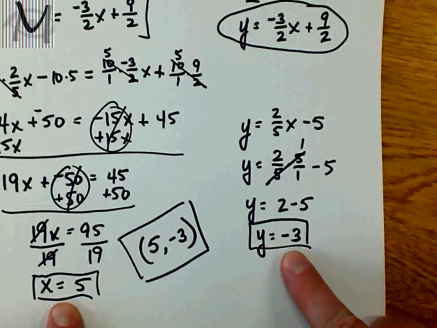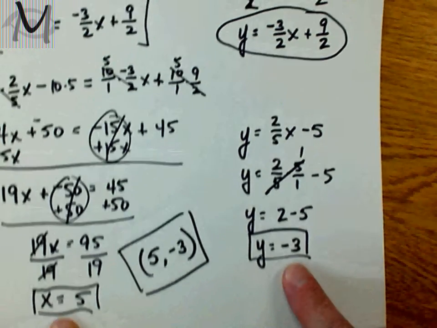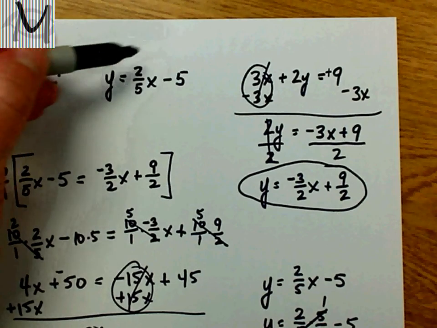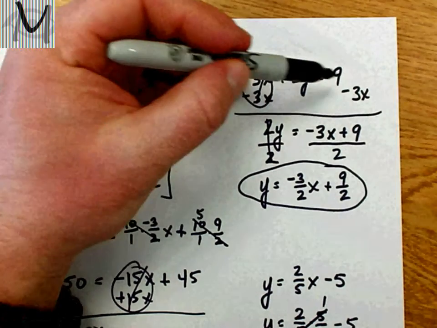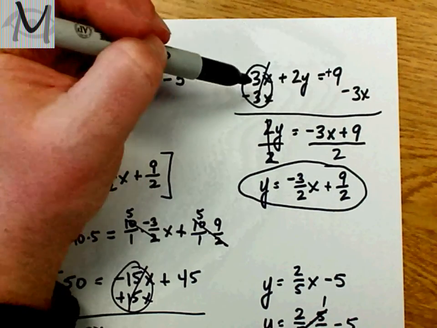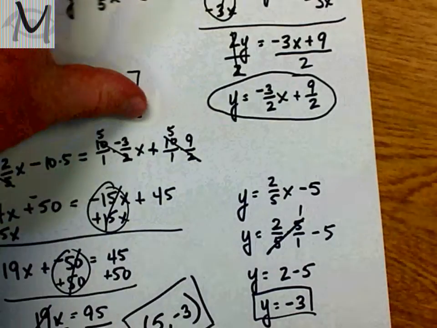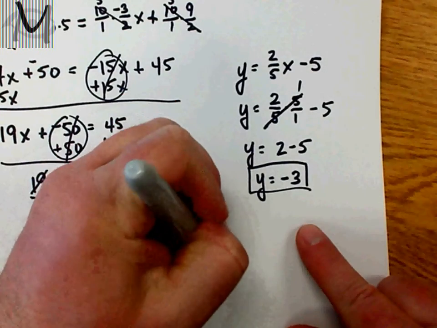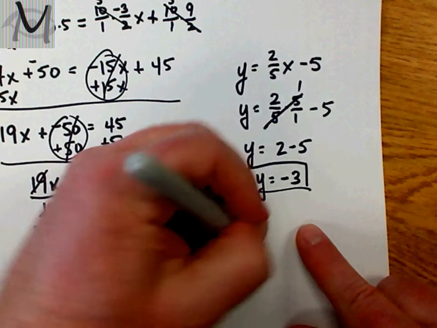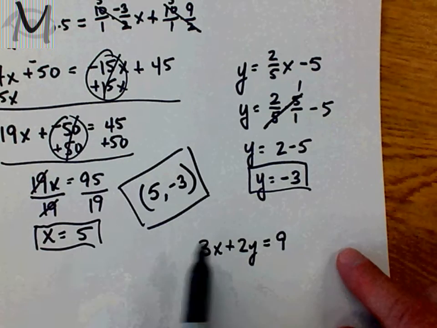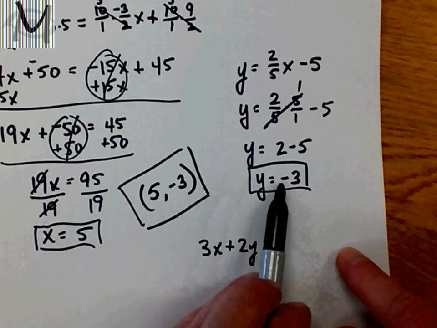Now the last thing I should do is, since I already used this equation, I should quickly check it in the other equation. So I have 3x plus 2y equals 9. And I now know what x and y are supposed to equal.